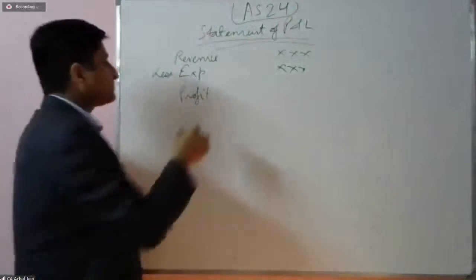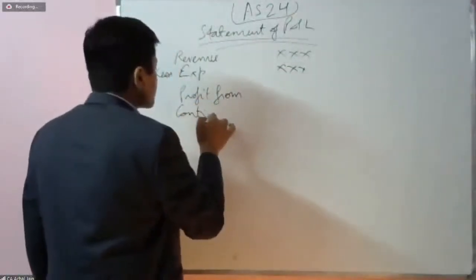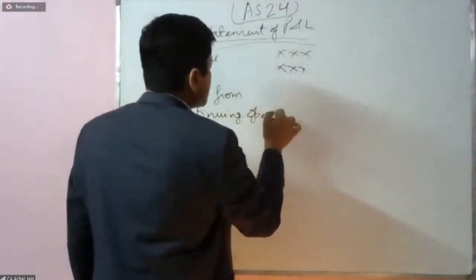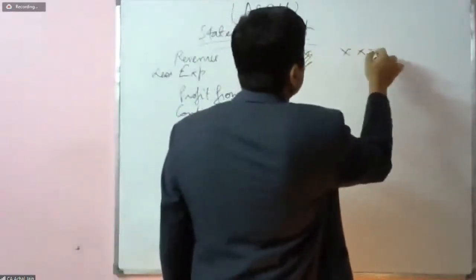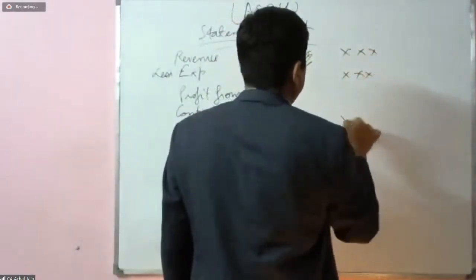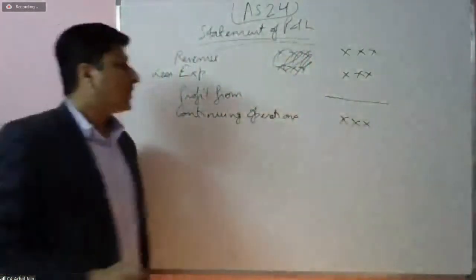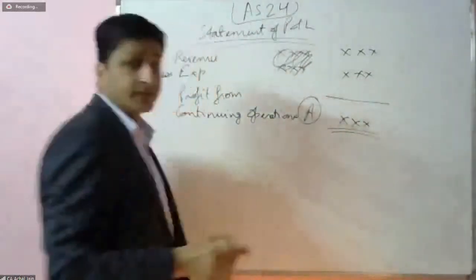This profit is from continuing operations. This is how companies show this. This is also, you can say, part A.